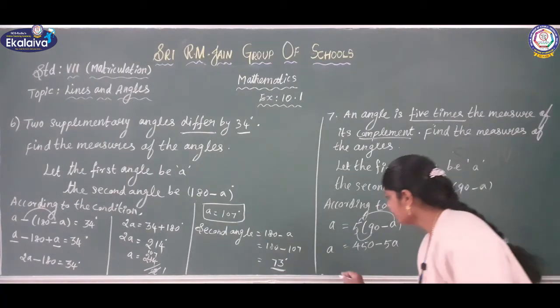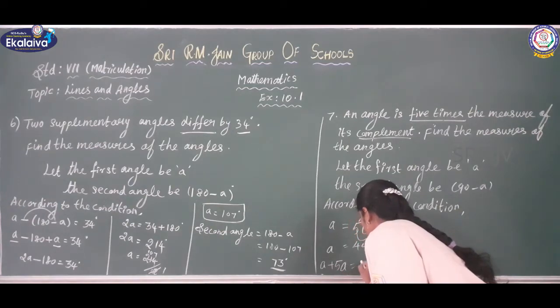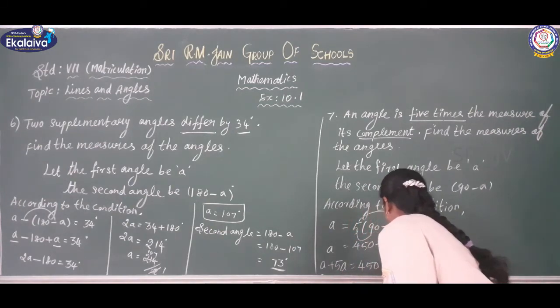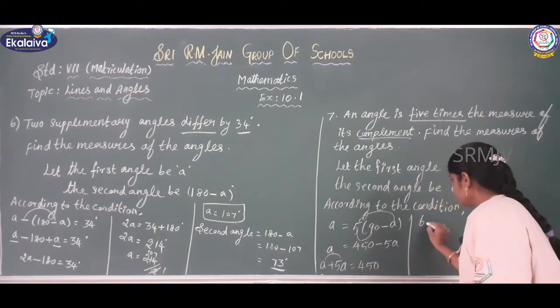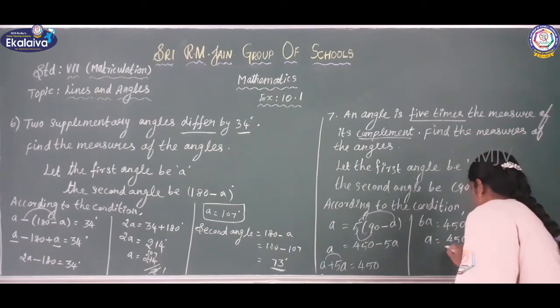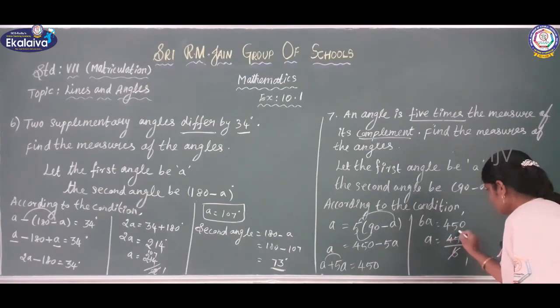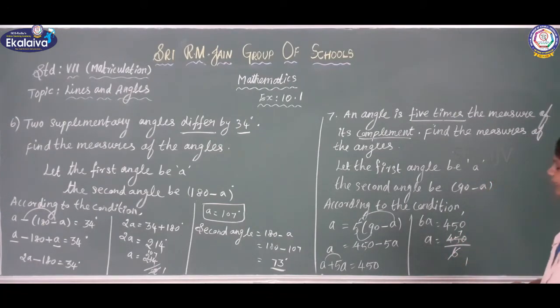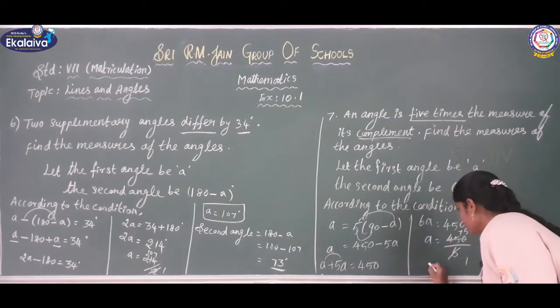Just bring it that side. A plus 5A equal to 450. Okay. A plus 5A, 6A. 6A equal to 450. A equal to 450 by 6. Okay. 6 ones are 6. 6 sevens are 42. Remaining 3, 30. In 30, 5 times. So A equal to 75 degree.